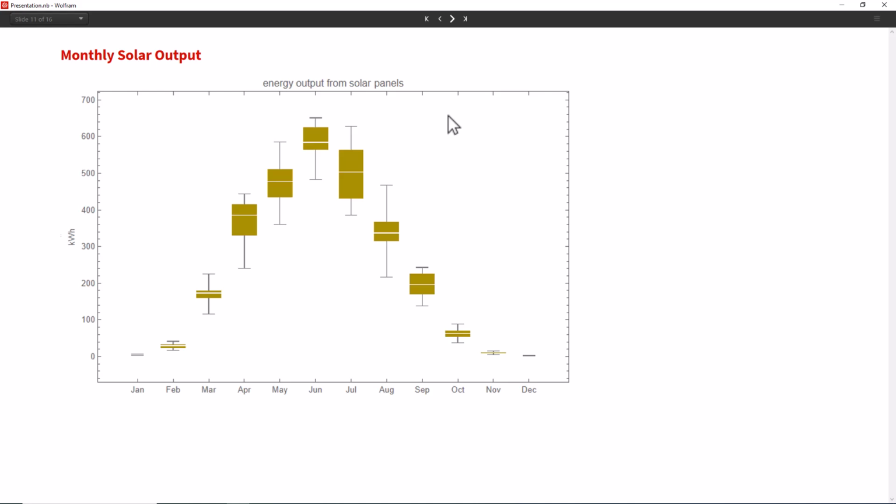This chart illustrates solar energy production over the course of the year. As expected, the highest output occurs in June and July, while production drops significantly during the winter months. But the key question remains: can this solar energy meet my household's energy demands during the summer?